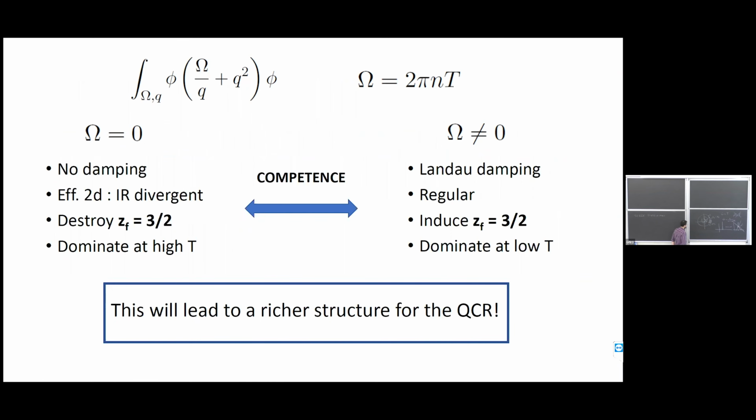In Euclidean spacetime, you all know that turning on finite temperature is essentially doing a circle compactification, where the bosonic degrees of freedom will satisfy periodic boundary conditions. So the spectrum of frequencies will be quantized in terms of integer multiples of pi and the temperature, of course. And here we have two very different scenarios. On one hand, on the right-hand side, we could have non-zero frequencies.